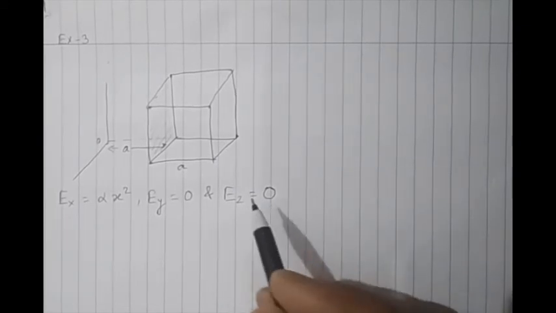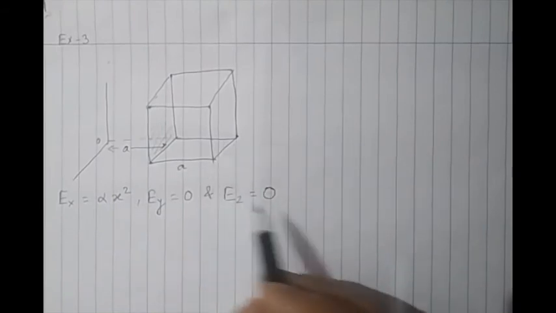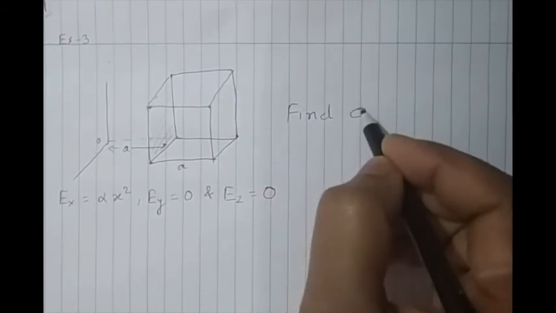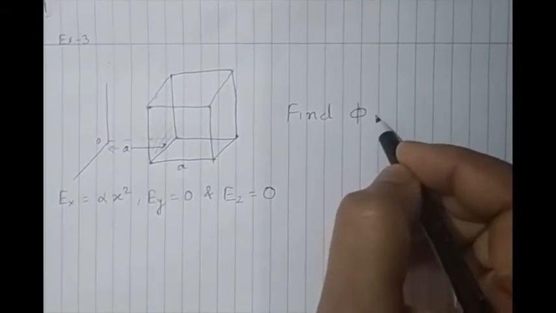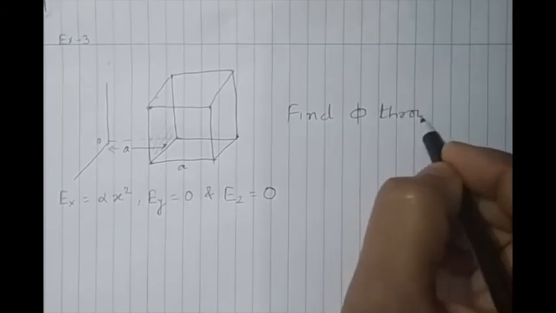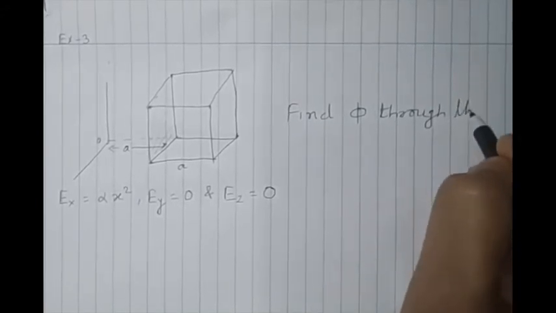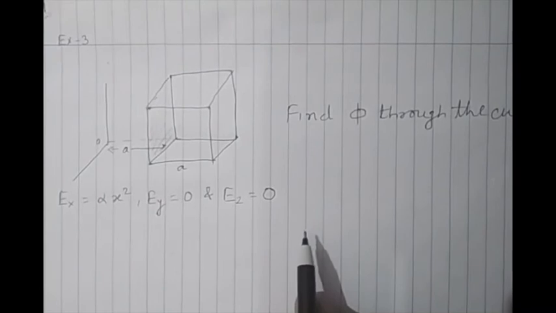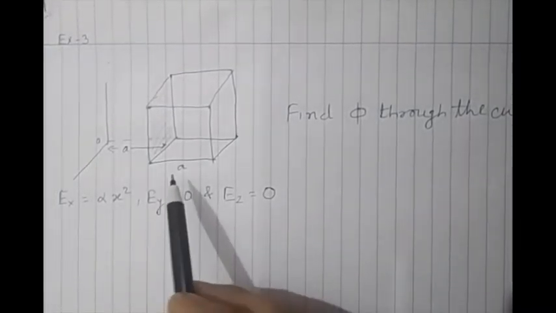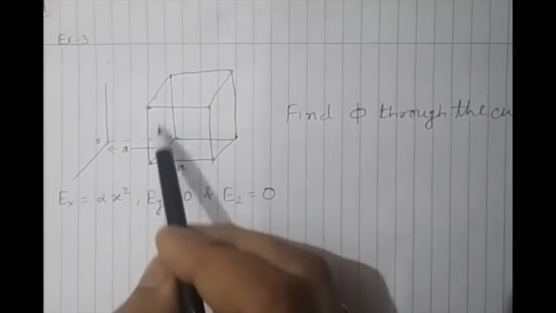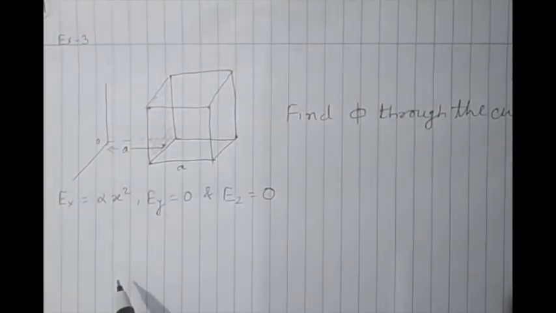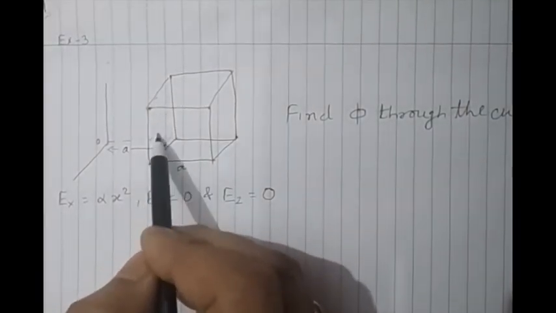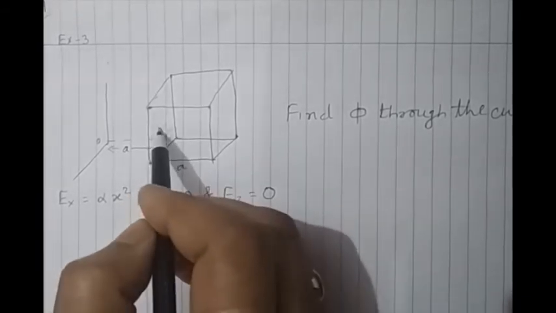We have to find the electric flux, that is phi, through the cube. Here the cube has 6 surfaces. Suppose we have to find the electric flux through this surface. Suppose this is surface 1.